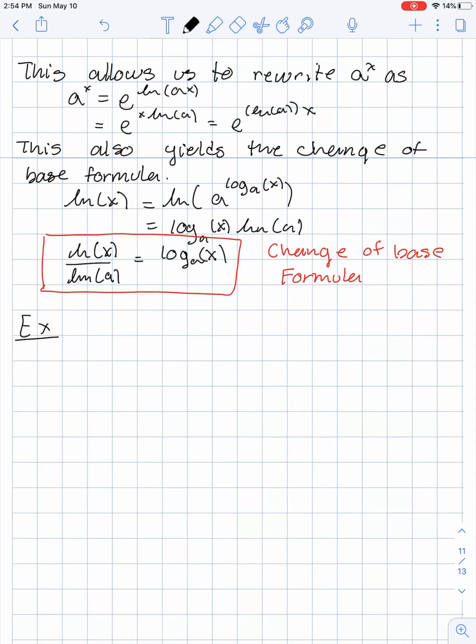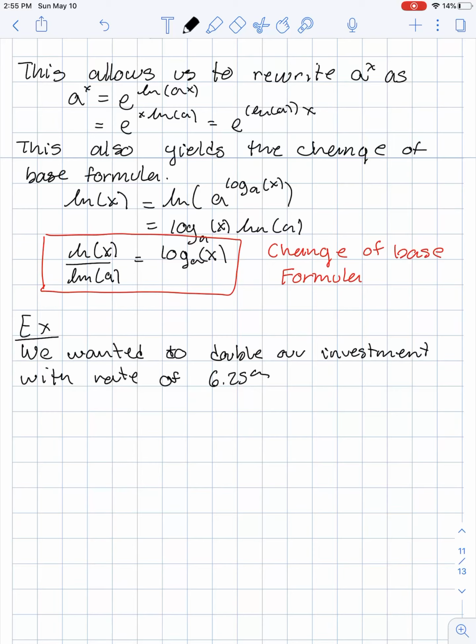So when can we use these things? Well, do you remember that problem from last section 1.5? We wanted to double our investment and know how long that took, and we had a rate of 6.25%.